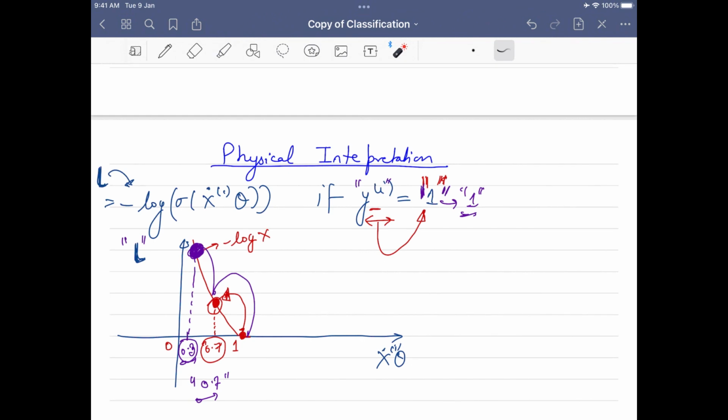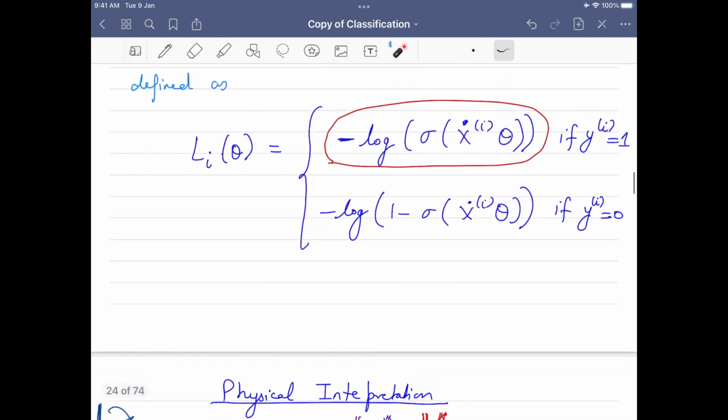If the machine predicts close to 1, it will have 0 loss, and if it predicts a value of 0.3 or 0.4 or 0.5, which is different from 1, the loss keeps on increasing. That is the physical interpretation for this part when y is equal to 1.